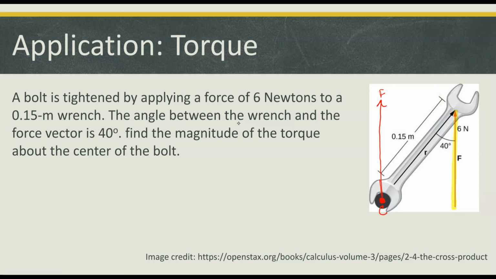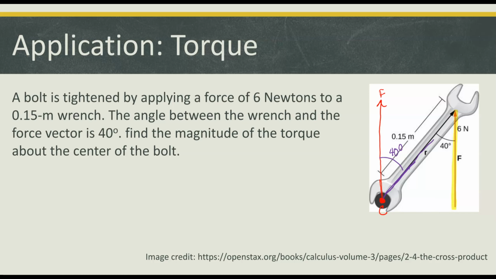Now, notice that the two force vectors are parallel, and the wrench then becomes a transversal through the two parallels. So with this translated force vector, I know that we also have an angle of 40 degrees between our lever arm and our force vector.